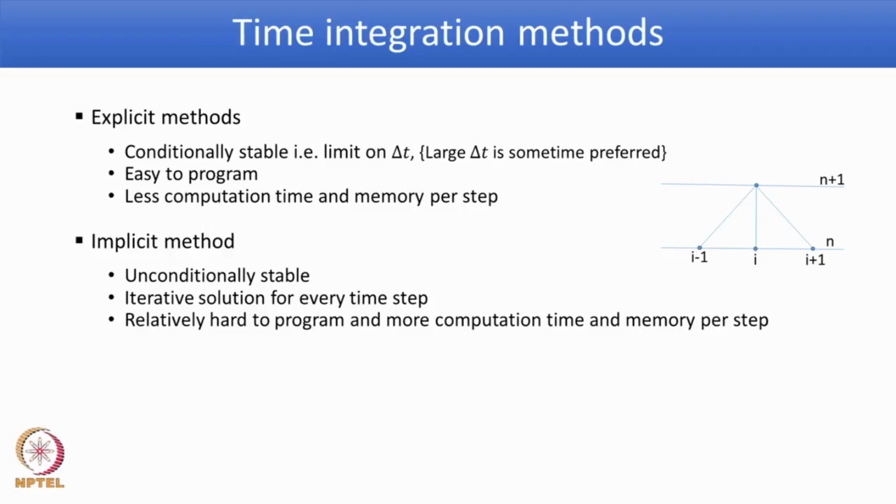It is relatively hard to program as compared to the explicit method, and it takes more computational time as well as memory for every step. Graphically it is shown here. So, the value at n plus 1 is evaluated based on the value at n plus 1, but at I minus 1 as well as I plus 1.